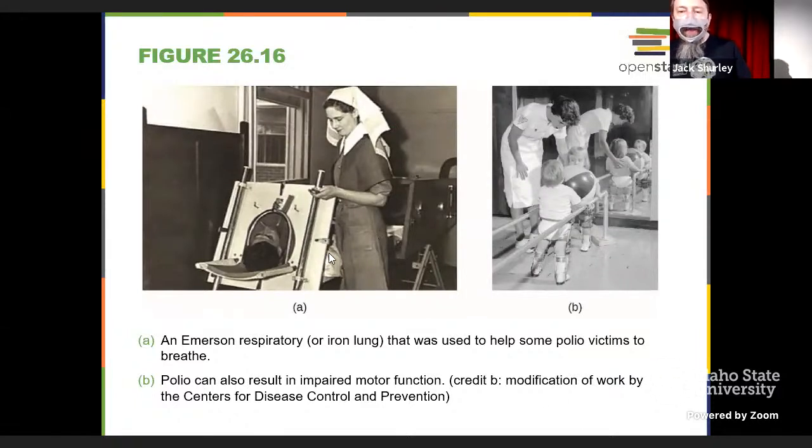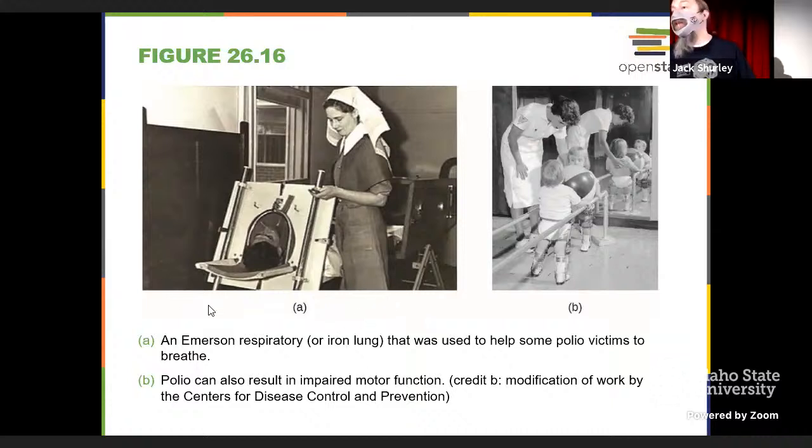This next couple of images here are poliovirus, and there are multiple issues with this. I'm pretty positive we mentioned this in other chapter stuff as we were thinking about GI issues, where oral transmission sets the stage for this. It's been mentioned before, but here we want to think about some of the issues with it.